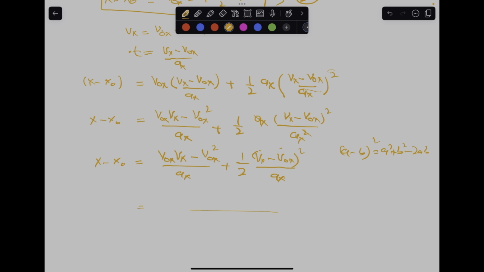So we get 2ax, and we multiply this factor by 2, so 2 V naught of x Vx minus V naught of x squared, plus we open the formula a minus b squared, which is a square plus b squared minus 2ab.